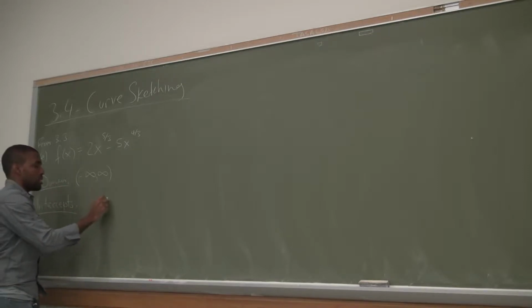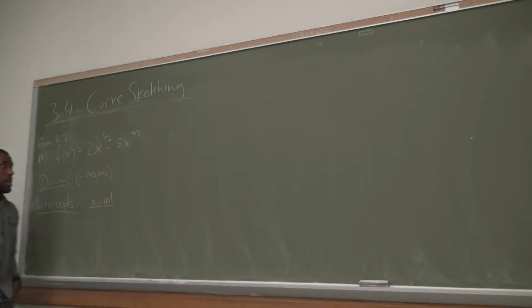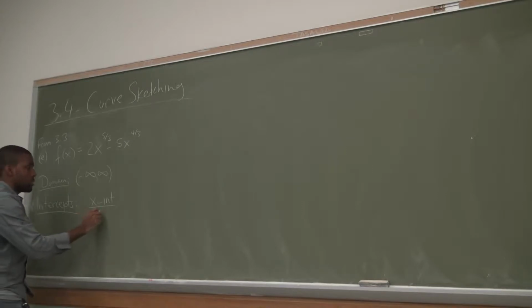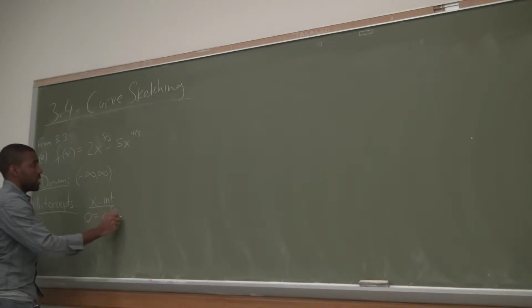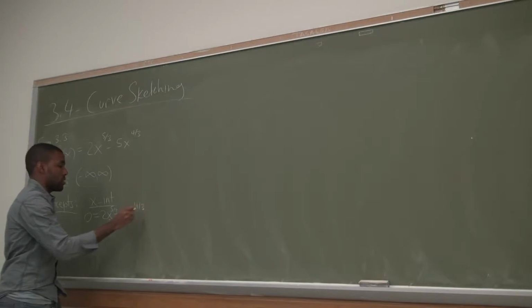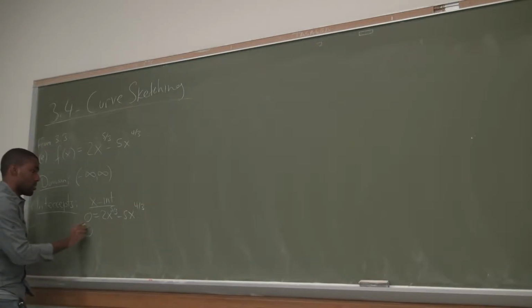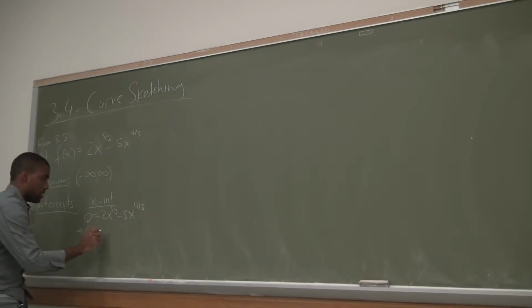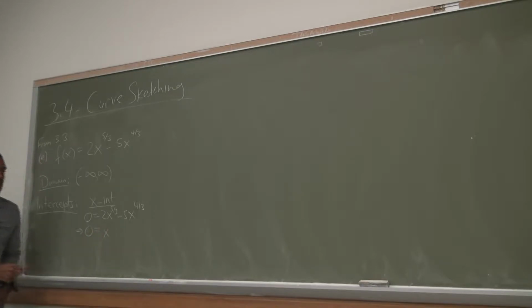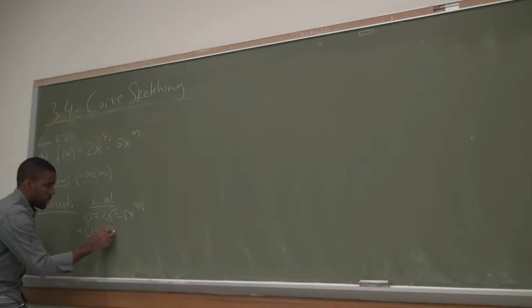Let's worry about the x-intercepts. Where does that happen? You set y equal to 0 and solve for x. How do I solve that? Factor. What do I pull out? x to the 4/3, the lowest power.